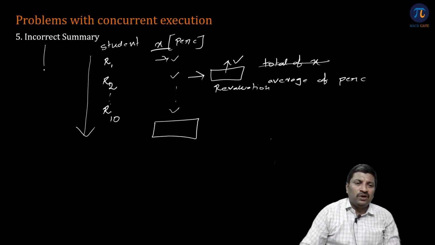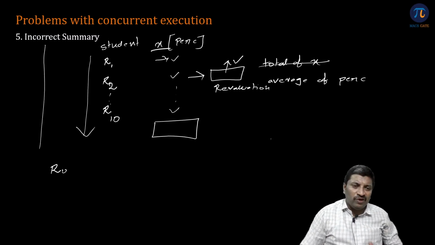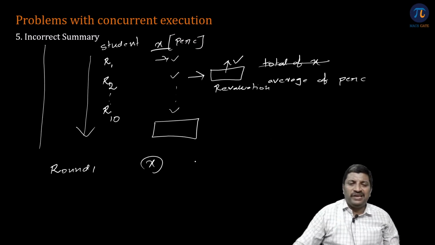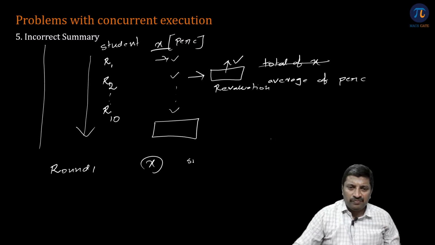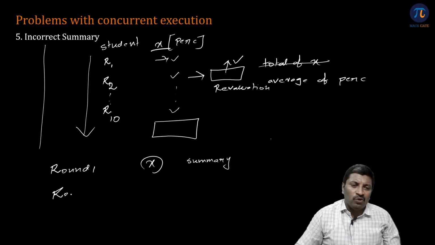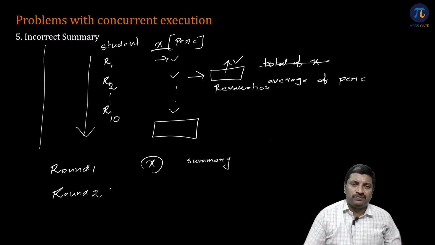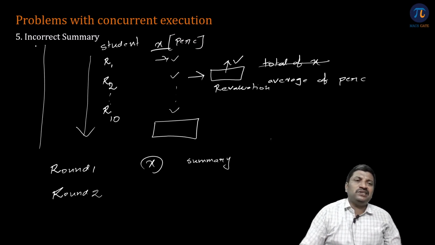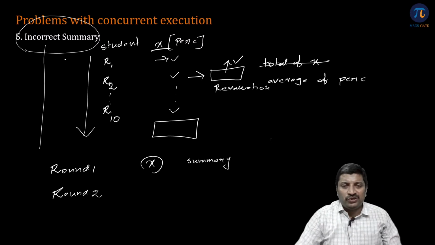So in round one, if I got some summary X, where summary may be average, total, count, anything, in round two I don't get X again. I may get X plus or X minus. That is incorrect summary. Hope you understood it.